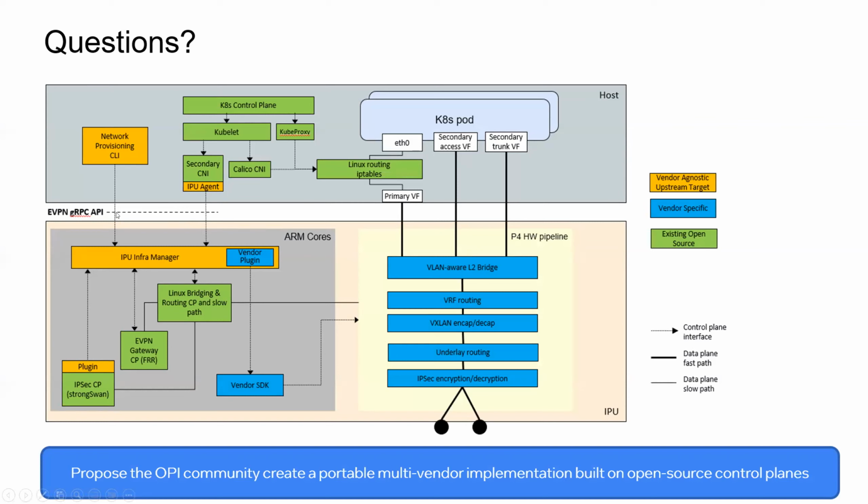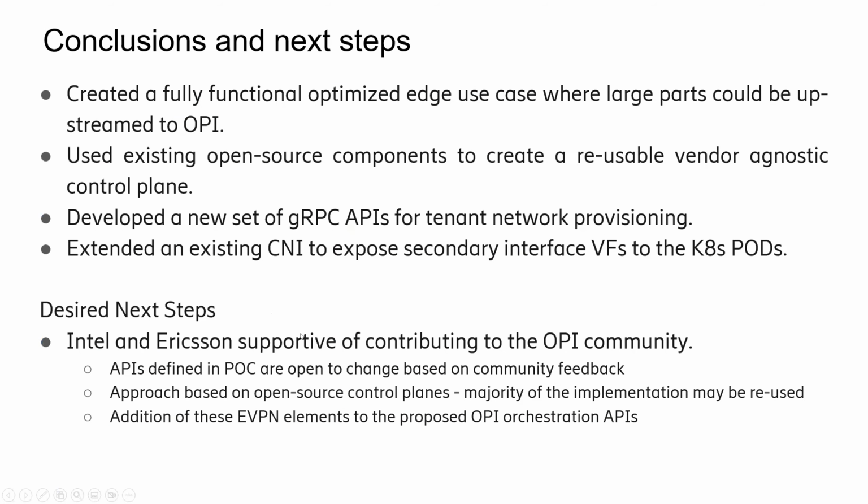Yeah, I think we can augment it. At least I know there's a proposal in OPI to have an orchestration type API. I think we'd like to add in the semantics, and our summary touches on this a little bit, that we'd like to contribute the API that we have into the community.